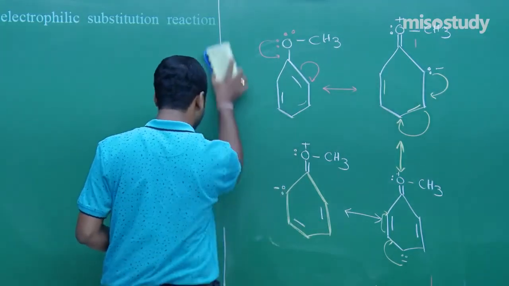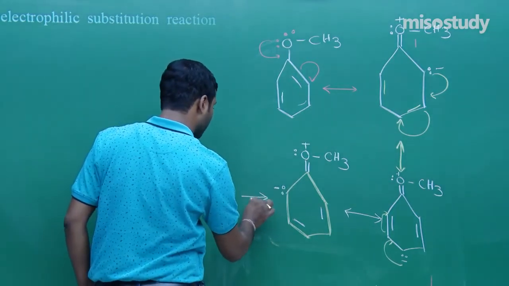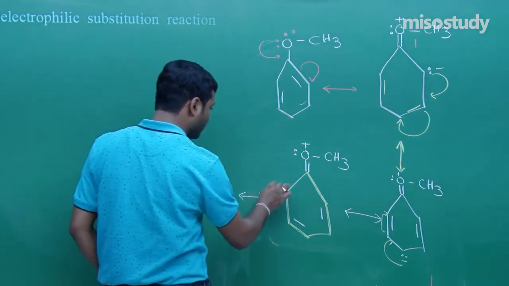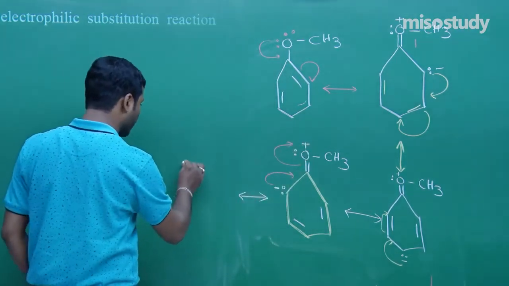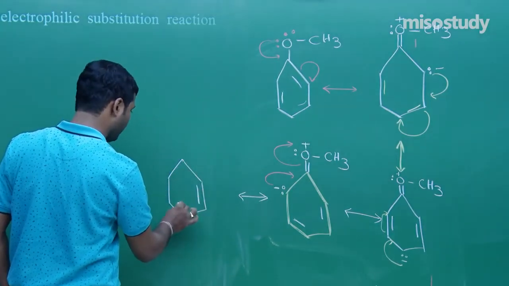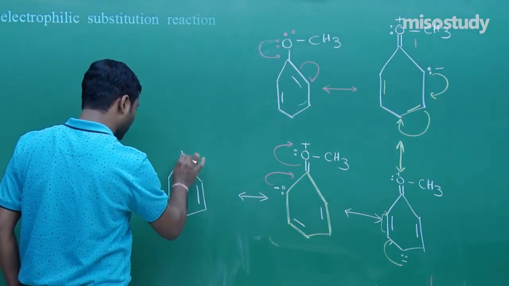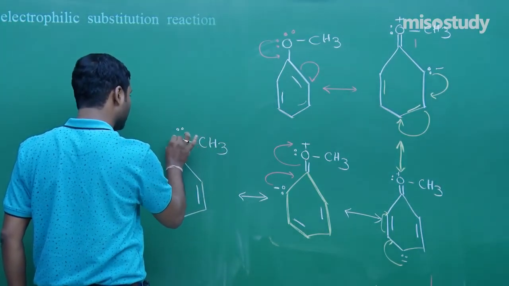Wait for a moment. The next structure: this will move here and this will move here. So the final structure in this case is this one and this one, O, then CH3. This is the structure. Clear to you?